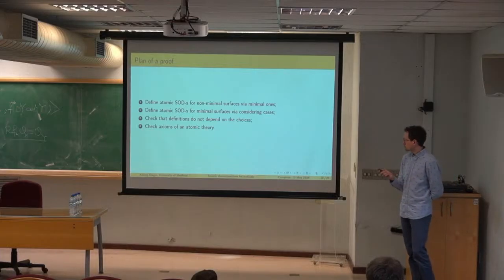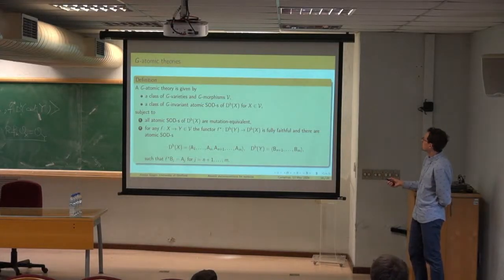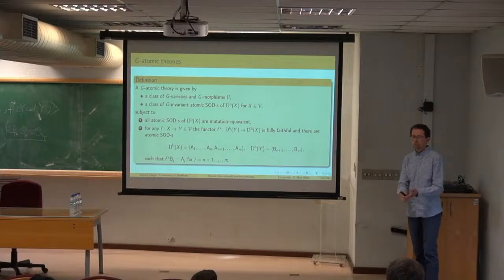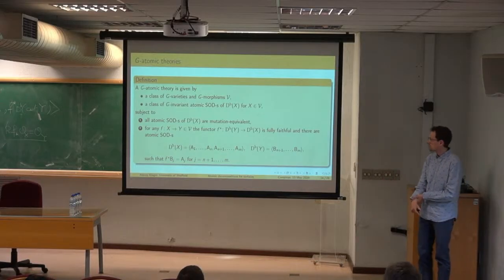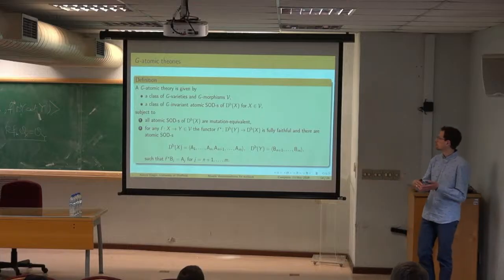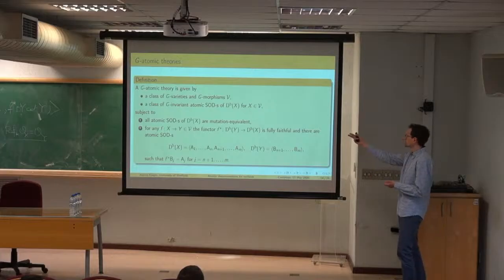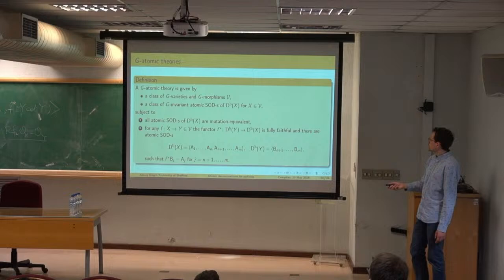So for axiom 1, actually there is nothing to check, because we introduce just one decomposition, say this decomposition is atomic, and then all other atomic decompositions arise as its mutations. So property 1 is fulfilled just by design, and for property 2, we'll need to say something.